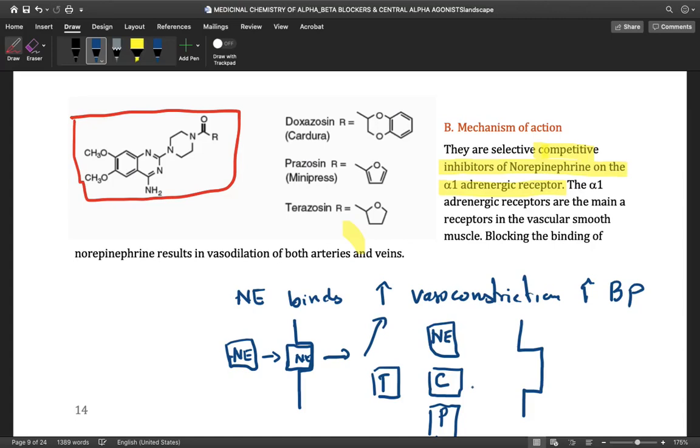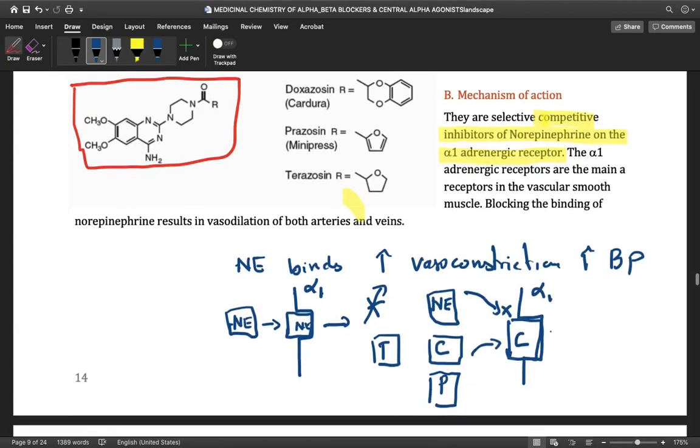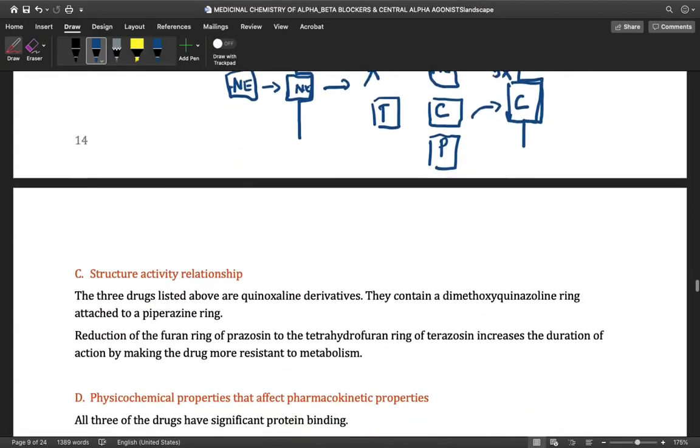What they are going to do is bind to this receptor. Let's say Cardura binds to it, blocking norepinephrine from binding to the receptor. When they do that, they prevent the increase in vasoconstriction and the increase in blood pressure. Okay, and this is the alpha 1 receptor. So that's how these particular drugs work.